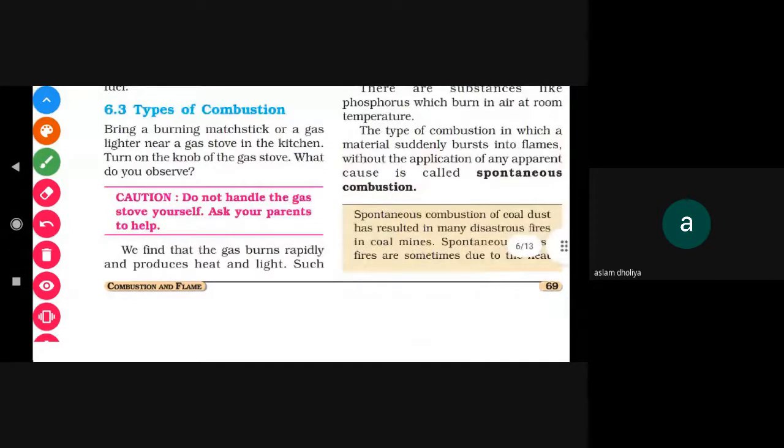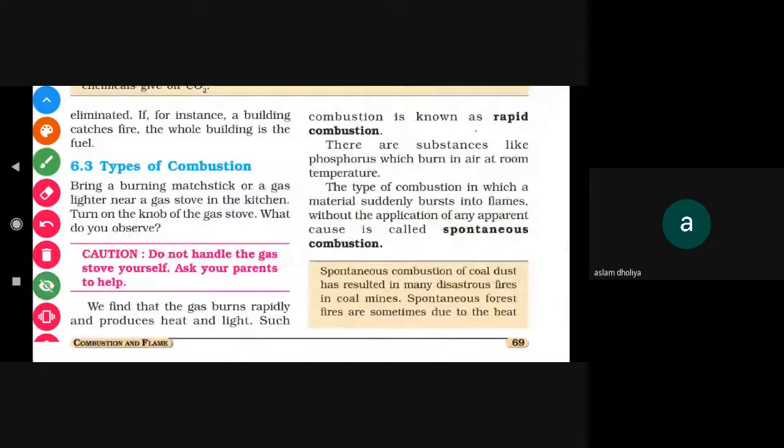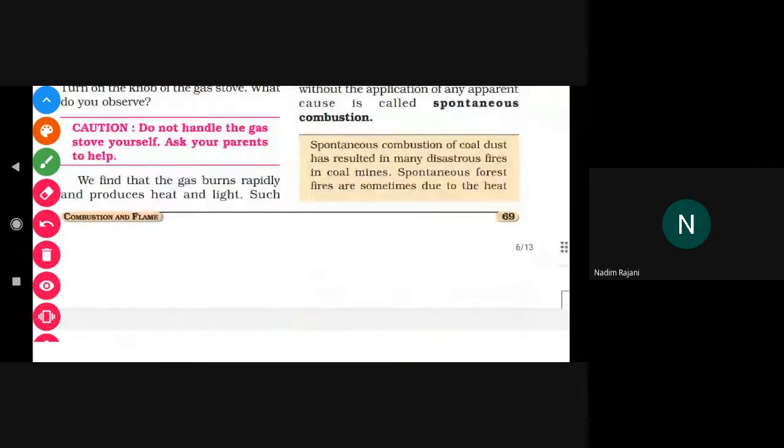Rapid combustion, spontaneous combustion, and explosion. Okay? Done? Yes ma'am. Okay ma'am. Should I move ahead now?